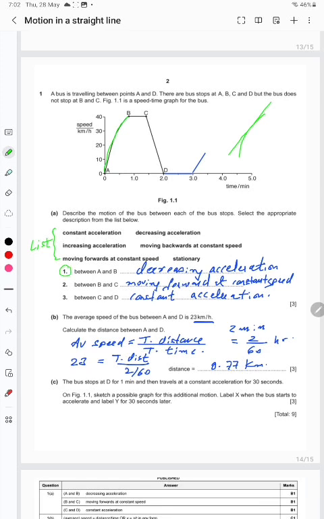Between B and C, you can see it's a horizontal line, speed is constant. So the correct option is moving forward at constant speed. Sorry, it's not moving backward, that's not possible. Moving forward at constant speed.